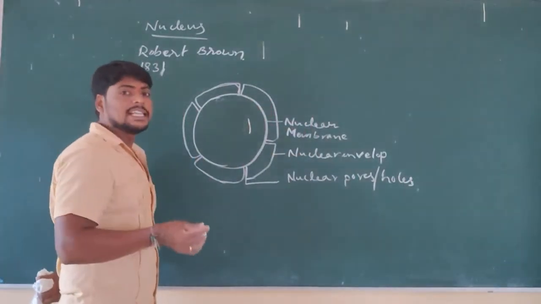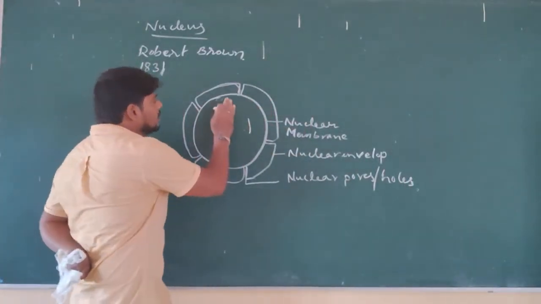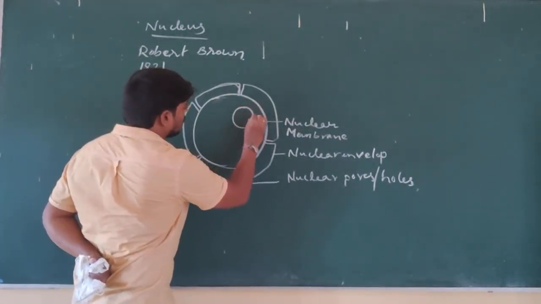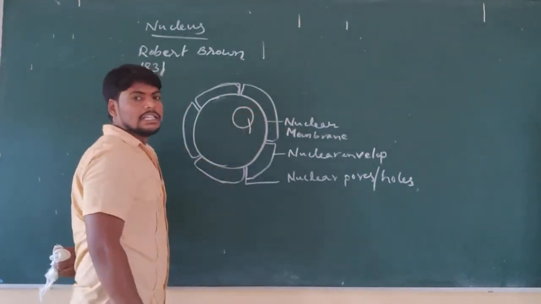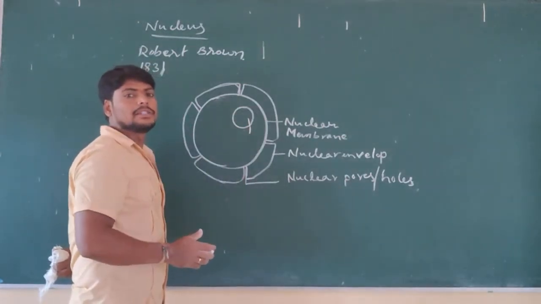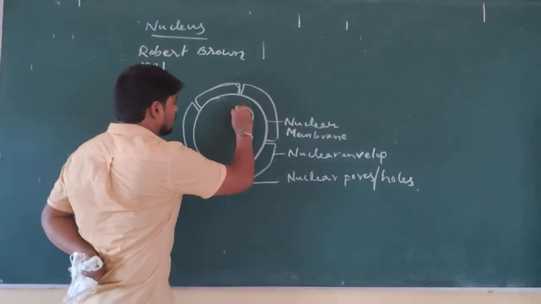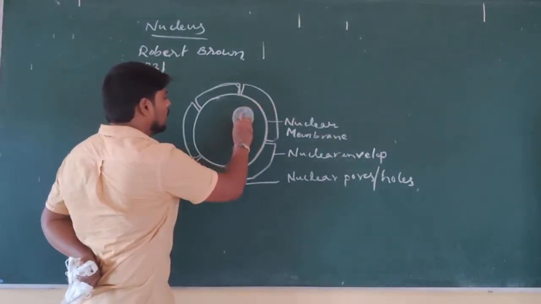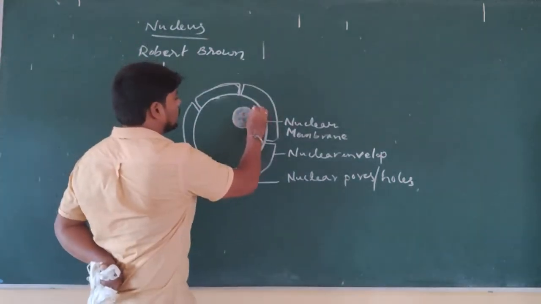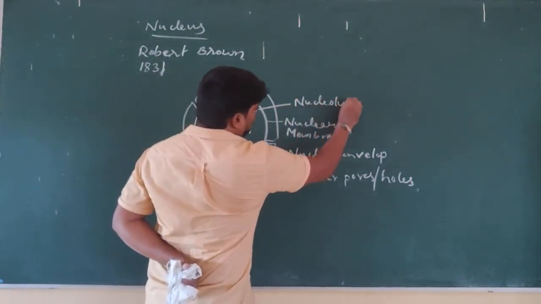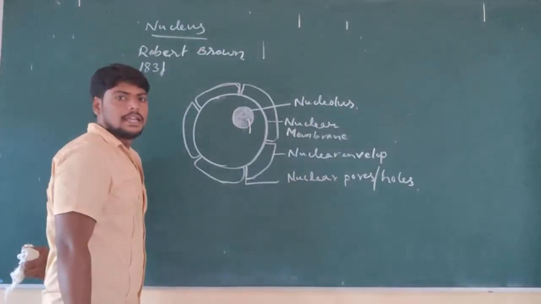Now, if you observe the inside of the nucleus, there is a dark spherical substance, which is called the nucleolus. What is it called? Nucleolus.